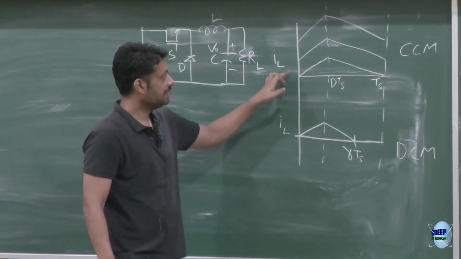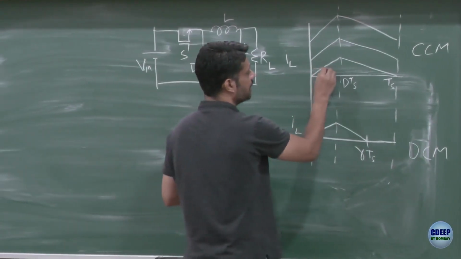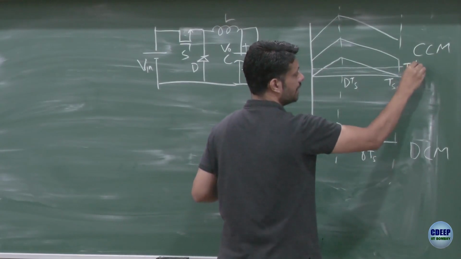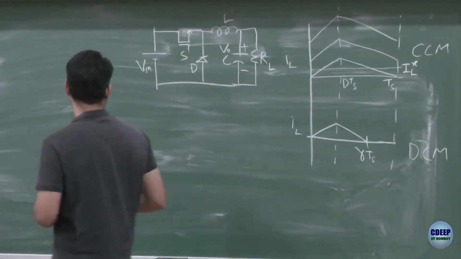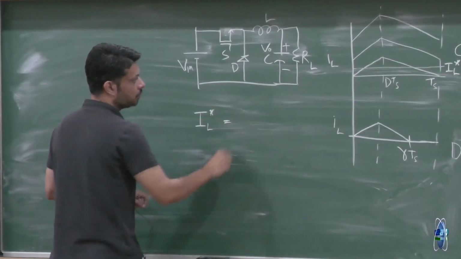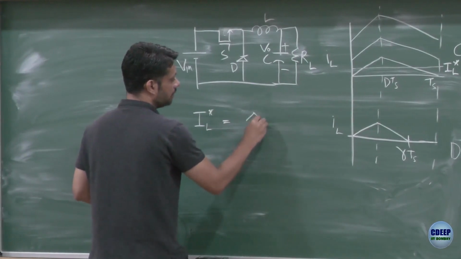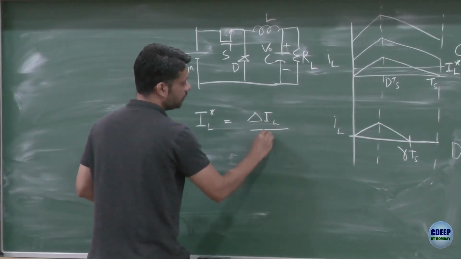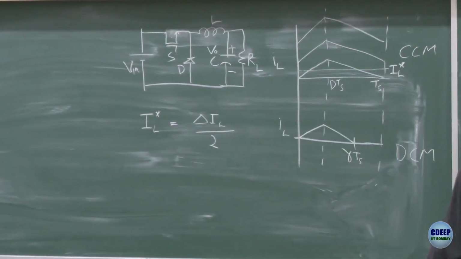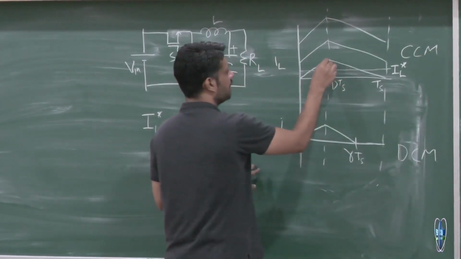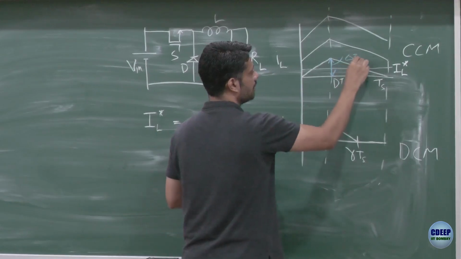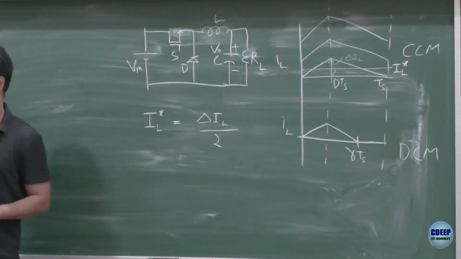In this case, the average inductor current, let me put it as the star mark, is nothing but equal to delta IL by 2, where delta IL is this peak to peak value, in this limiting case.